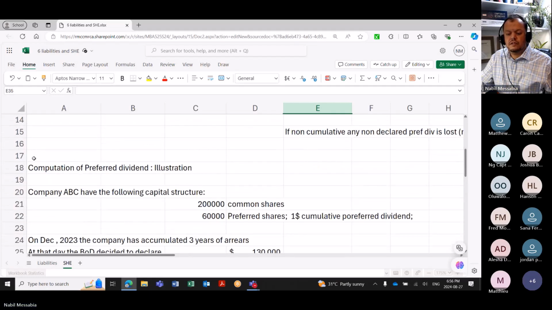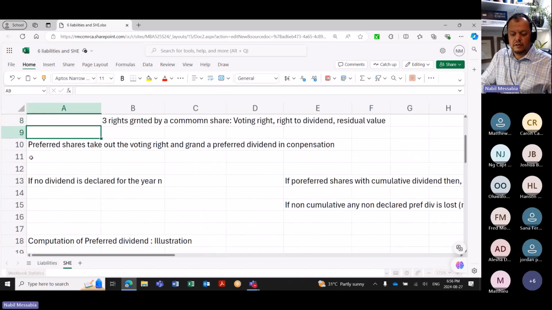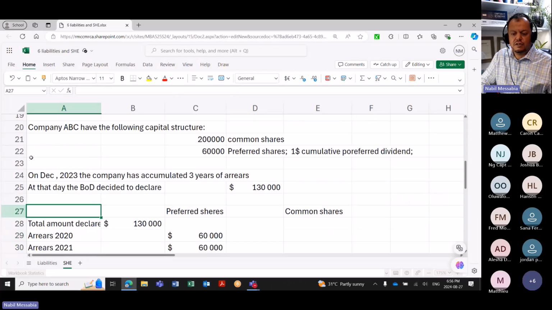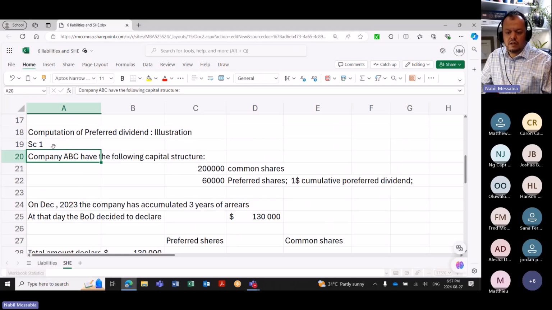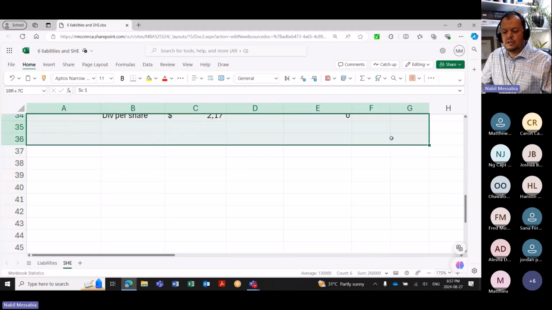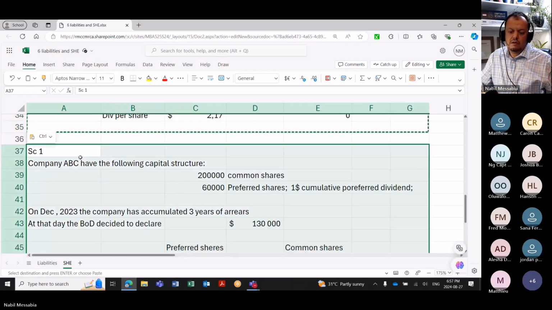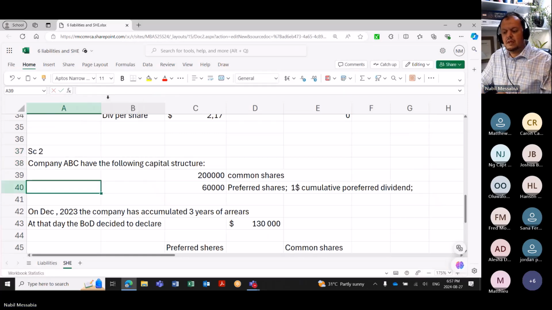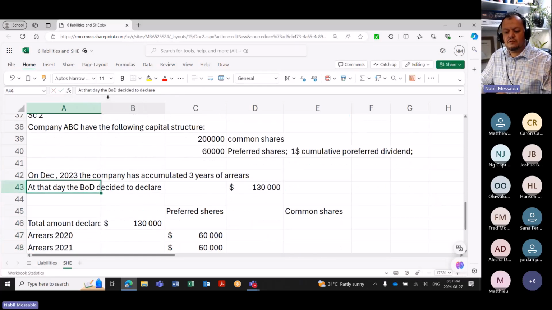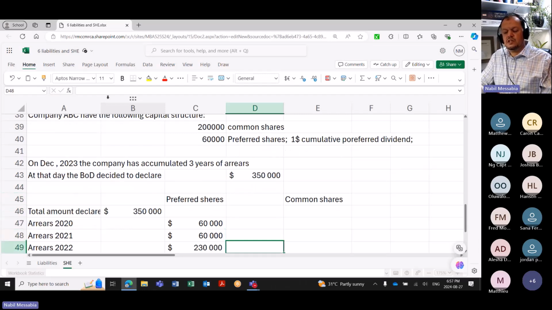Now let's copy the full data and change the scenario. Okay, for illustration, we call this scenario 1, and then copy all of these and make scenario 2, where we have the same data, except that we say they have declared, let's say, $350,000 as dividend. So what will happen here?